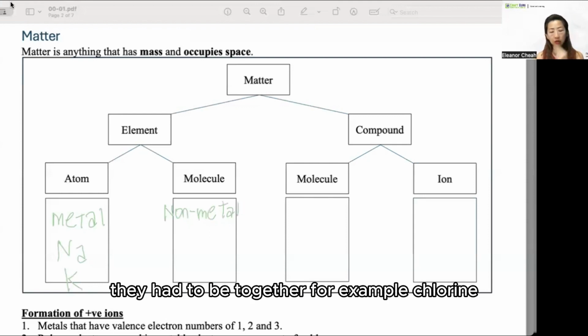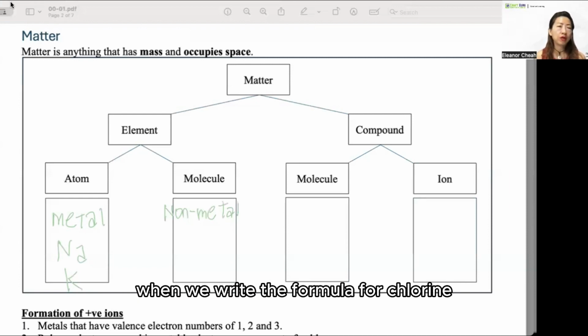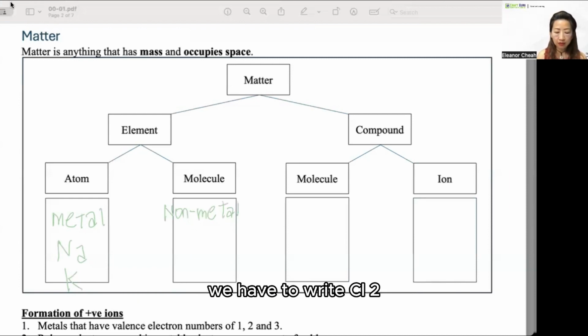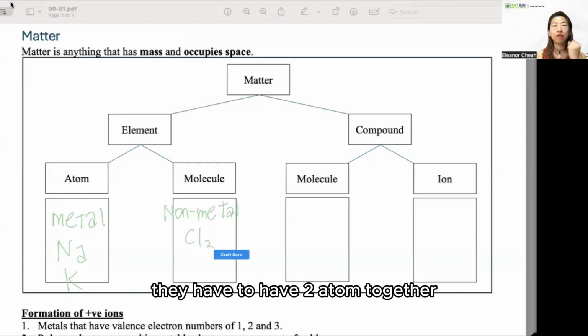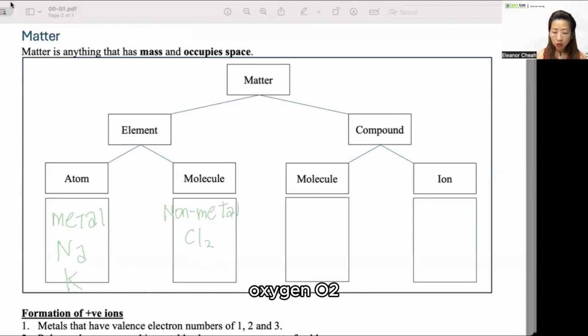They have to be together. For example, chlorine. When we write the formula for chlorine, we have to write Cl2. They have to have 2 atoms together. Oxygen, O2. What else? Fluorine, F2. And so on.